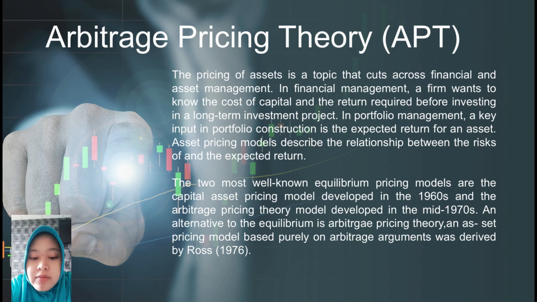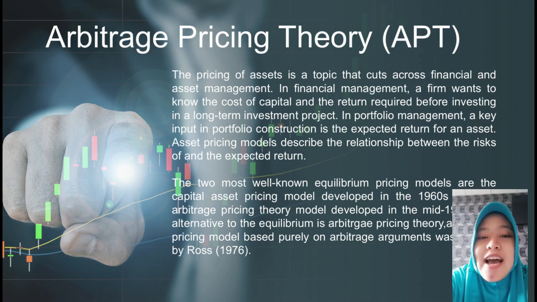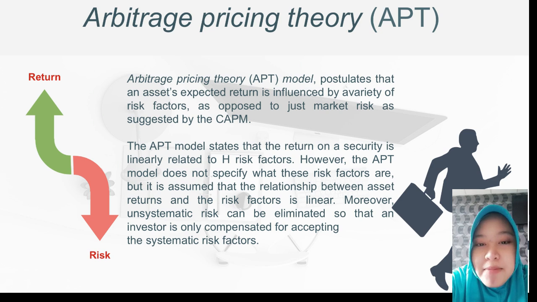The alternative to the equilibrium model is arbitrage pricing theory, an asset pricing model based purely on arbitrage arguments, derived by Ross in 1976. The APT model postulates that an asset's expected return is influenced by a variety of risk factors, as opposed to just market risk as suggested by CAPM.